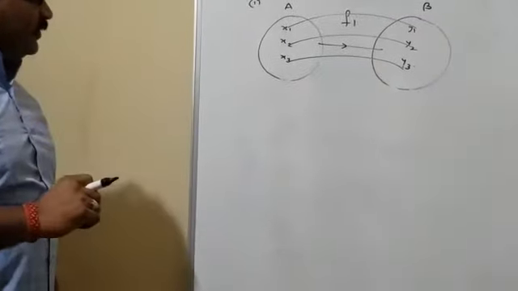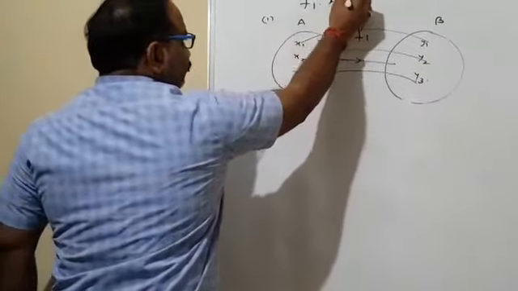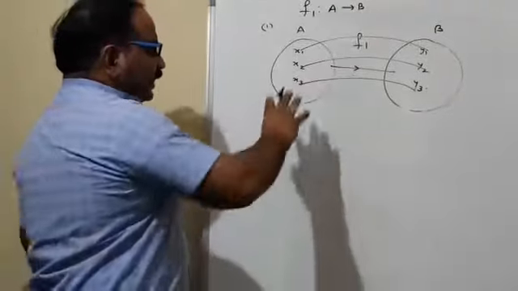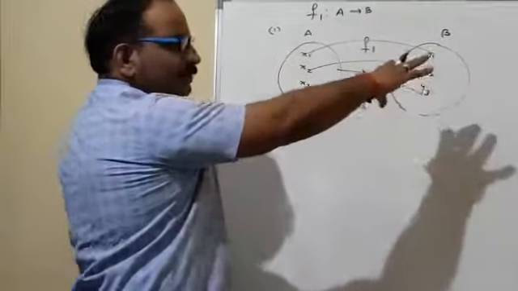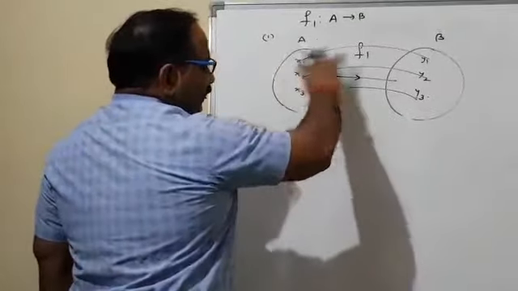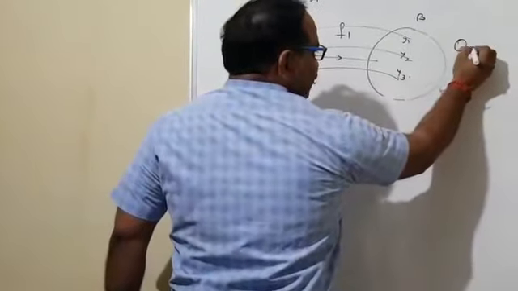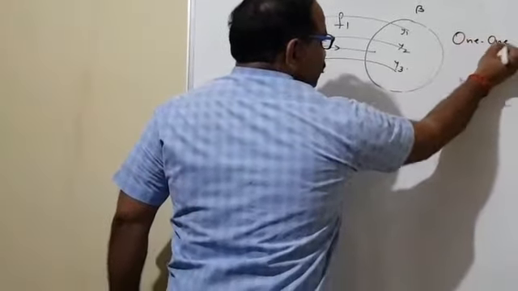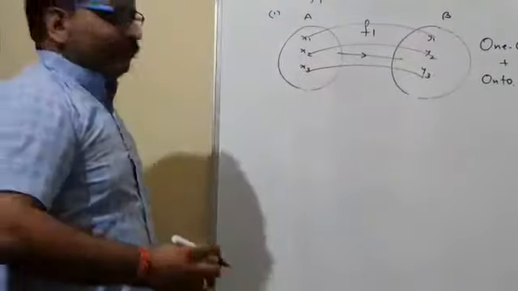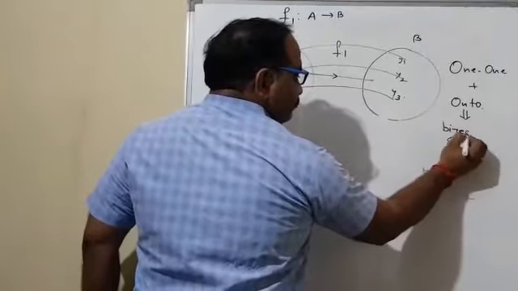In this diagram, function f1 is defined from A to B. By observing, we can conclude that every element of the domain is connected with a unique element, which is the function definition. It is 1-1 also, it is onto also. So I can say it is 1-1 plus onto. That is the first kind of function. In a nutshell, this is bijective.